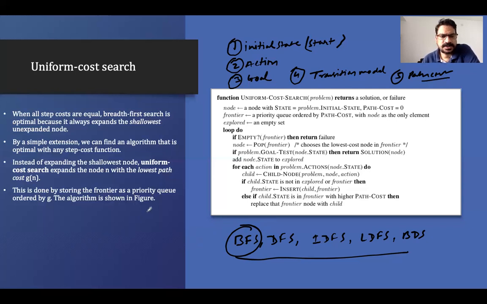All the step costs are the same means that from the starting state A reaching B, you have the same cost, let's say 1 and 1. From A reaching C and D is also the same.